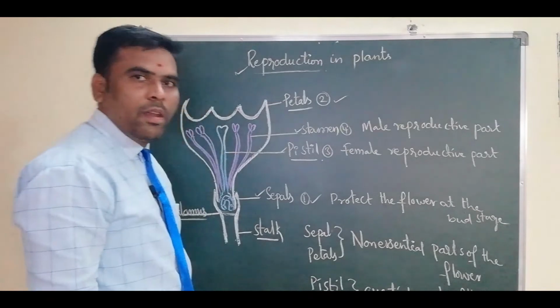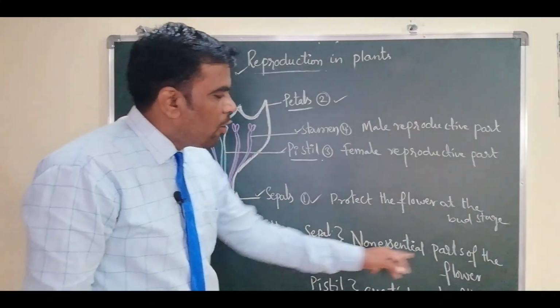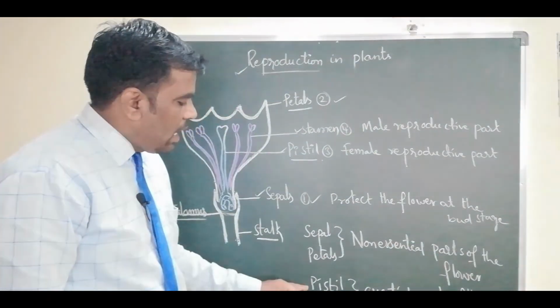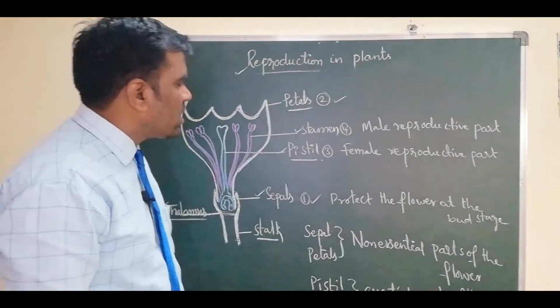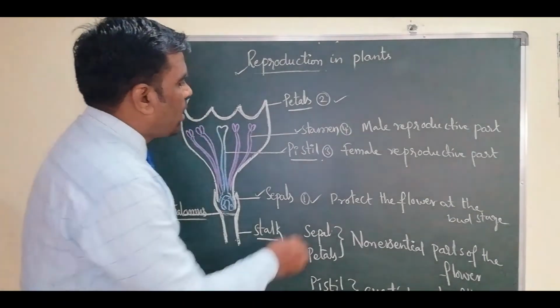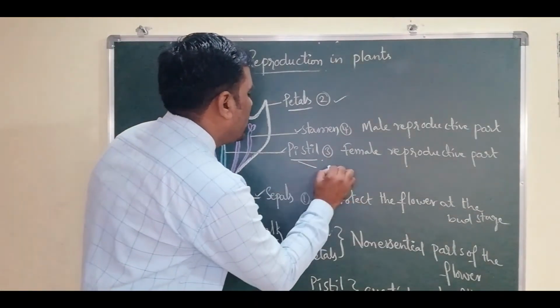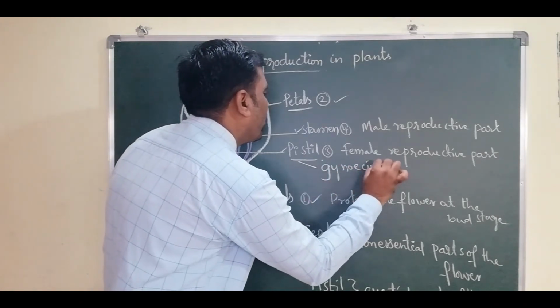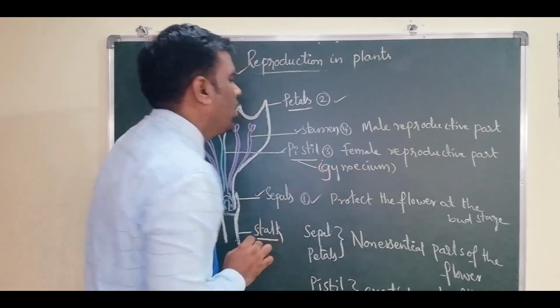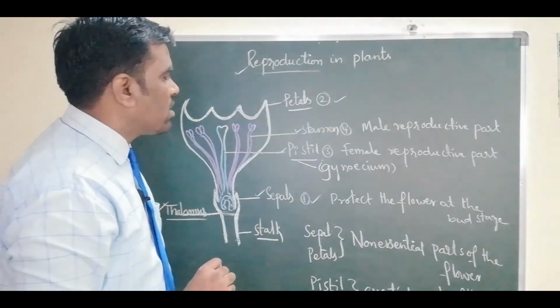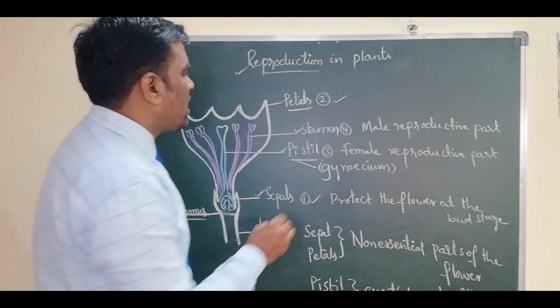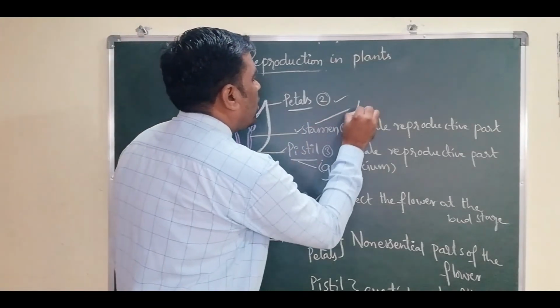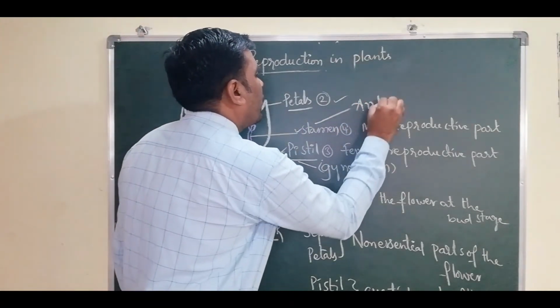Sepals and petals are non-essential parts, and pistil and stamen are essential parts. The pistil is also called gynoecium, and the stamen is also called androecium.